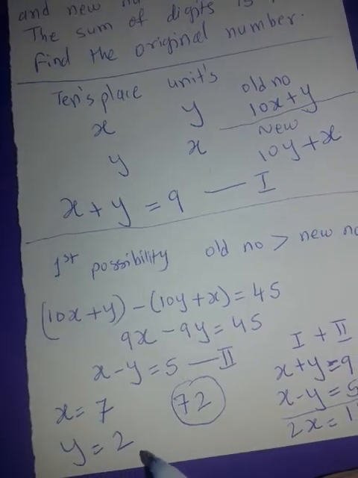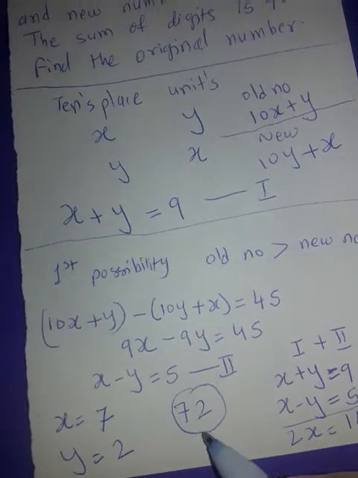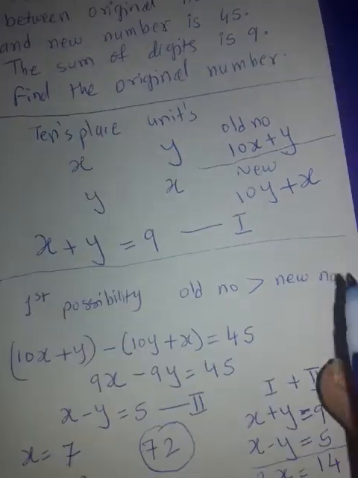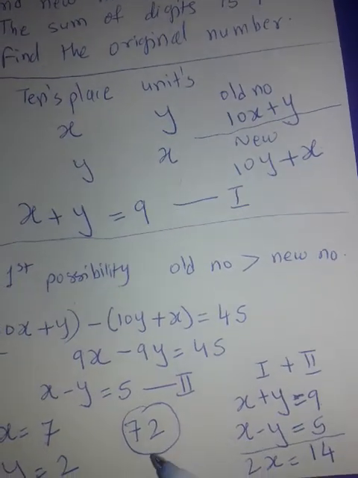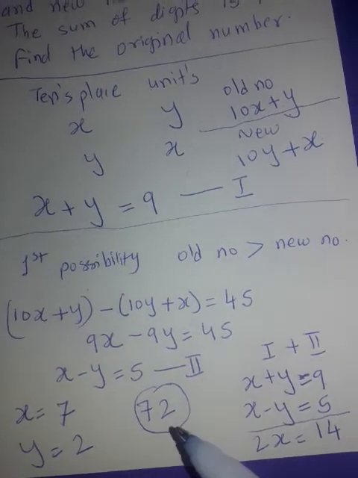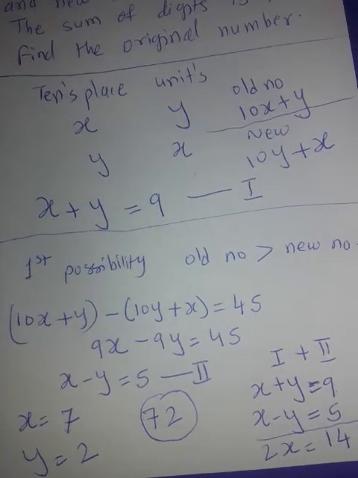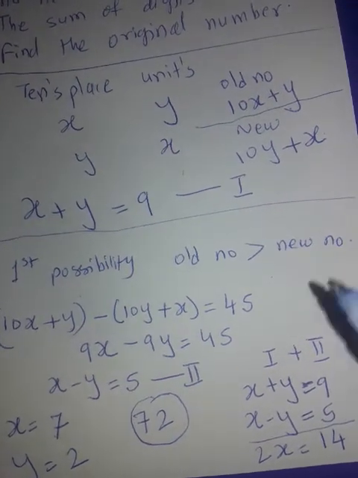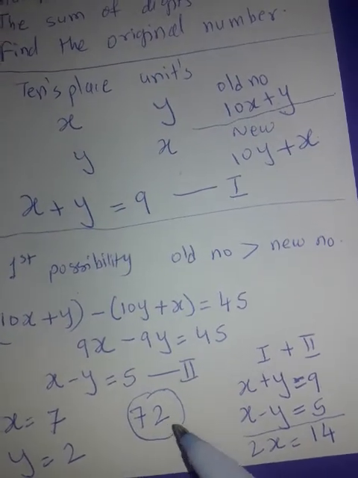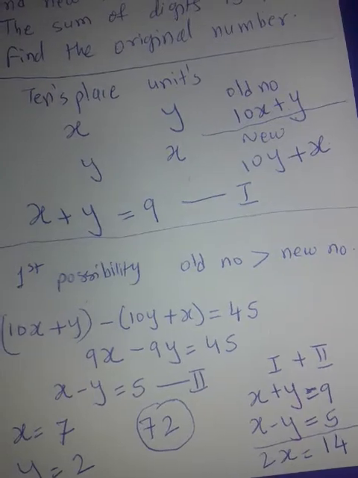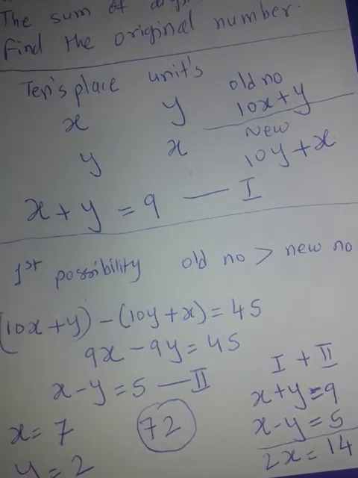Tens place is x, units place is 2, number is 72. So with this first possibility, old number more than new number, the old number is 72. Getting it? So what will be new number? New number is just exchange of digits. So new number will be 27.